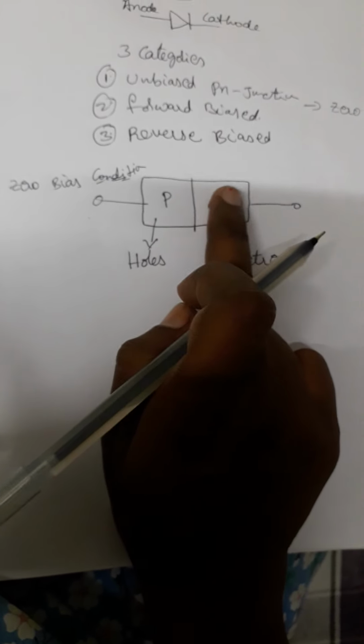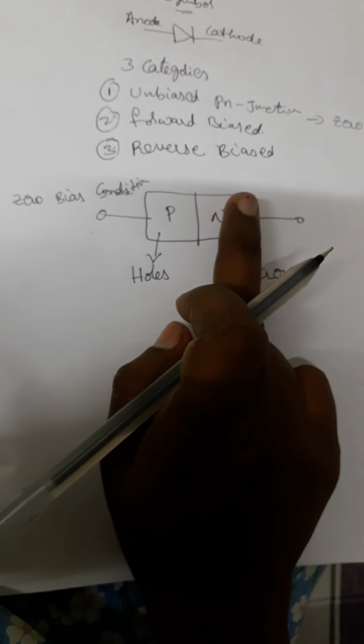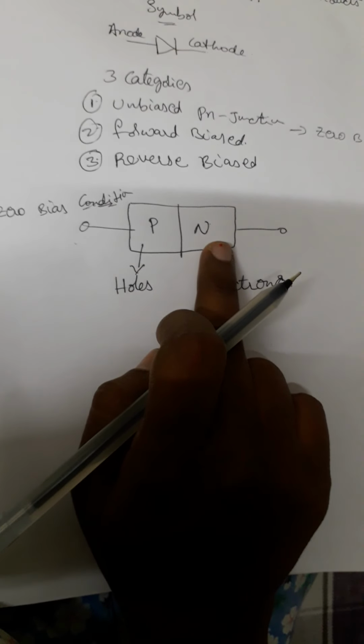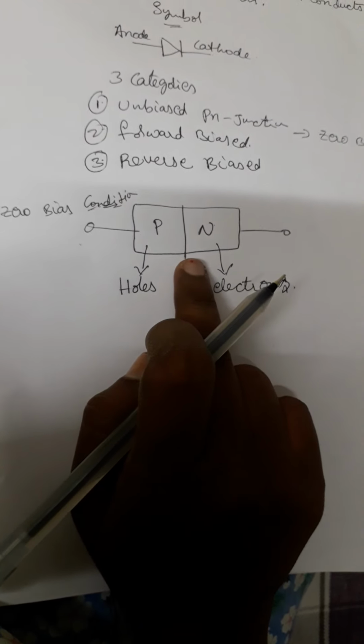This is the PN junction diode, in the zero biased condition.